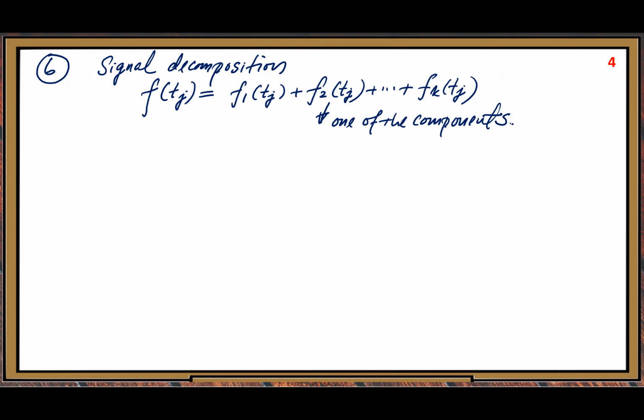How to do decompositions? We apply digital filters. For component 1, we apply filter 1. Component 2, we apply filter 2, and so on. So component 1, we apply digital filter H1. Component 2, we apply filter H2. Component K, we apply filter HK.